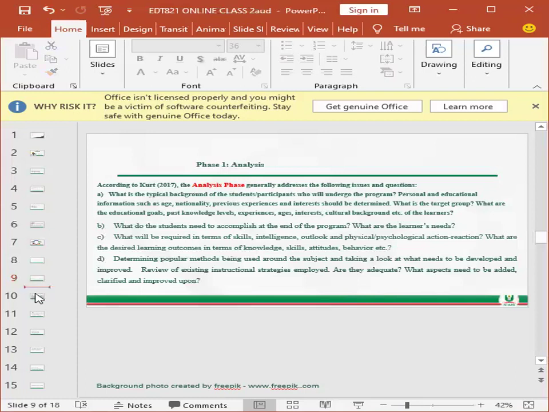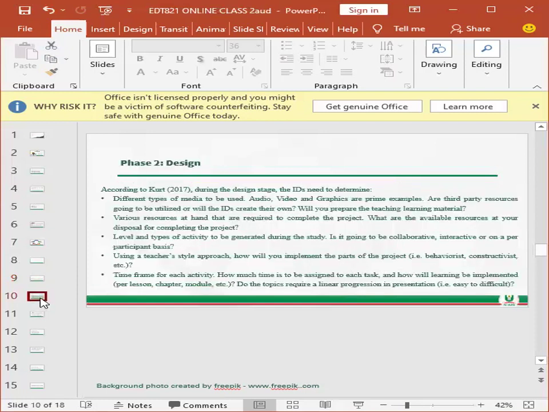And the next one is phase two. That phase two, we are referring to design stage. So during this stage, the instructional designers need to determine different types of media to be used. Is it audio? Is it video?